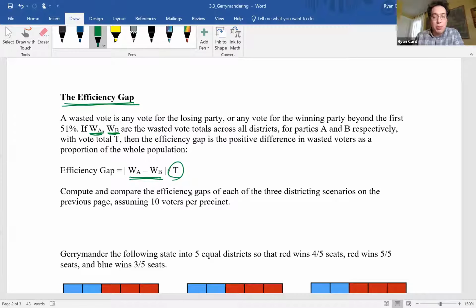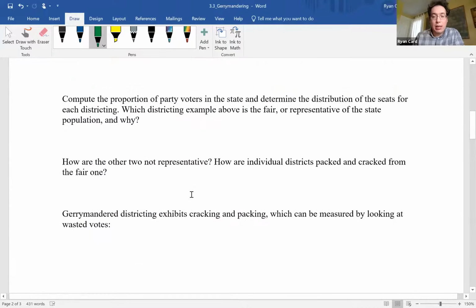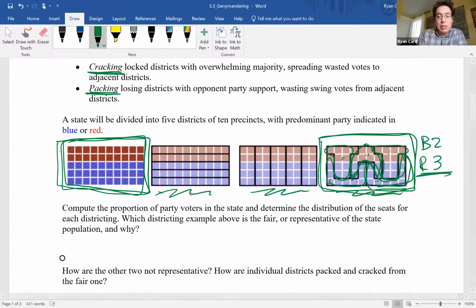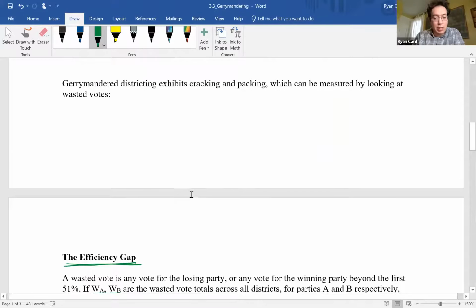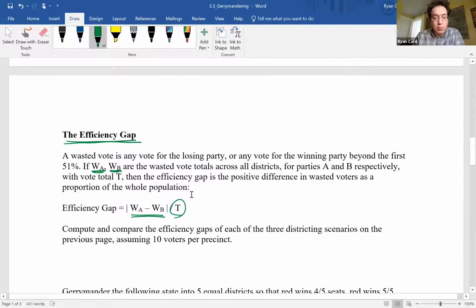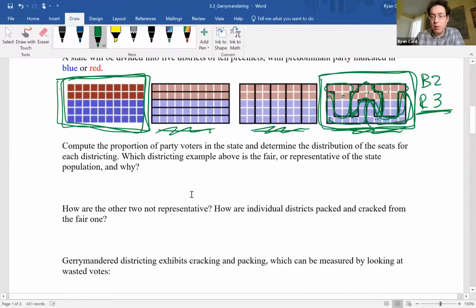Okay. So what I want you to do is go back to each of these 3 districtings that have been shown and compute the efficiency gap for each, for each party. Let me give you an example of how this can be computed.